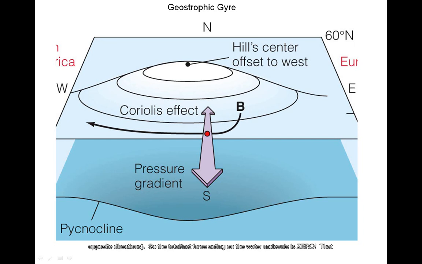So the total or net force acting on a water molecule is 0. And that means the water molecule will keep doing whatever it's already doing, which is going around the geostrophic gyre. And in fact, that perfect balance between the Coriolis and pressure gradient force is referred to as geostrophic balance.